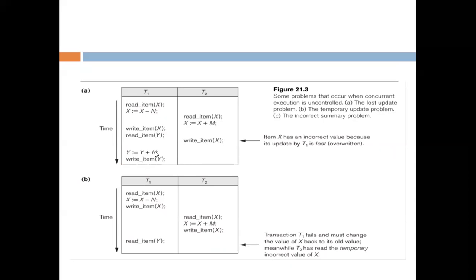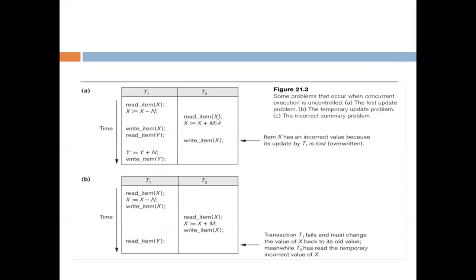When T1 is happening, at the same time another transaction may be accessed: read X, X is incremented and write X. So in the first transaction the amount is decreased, and in this transaction it is increased, on the same variable X.